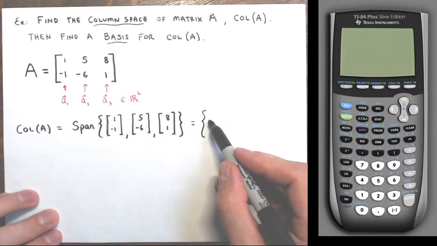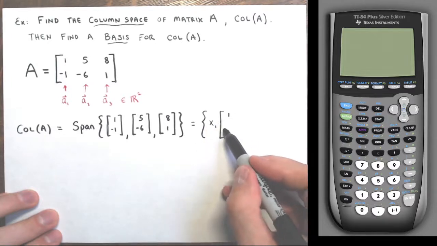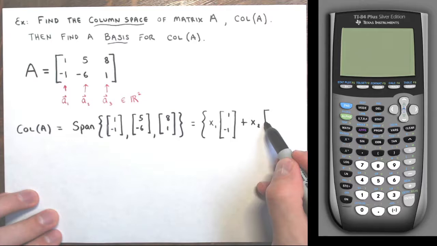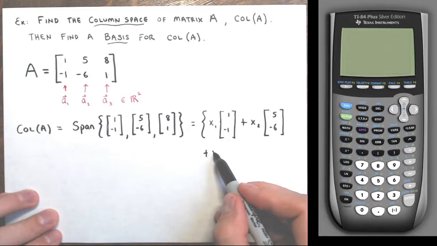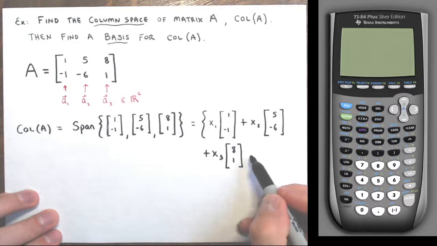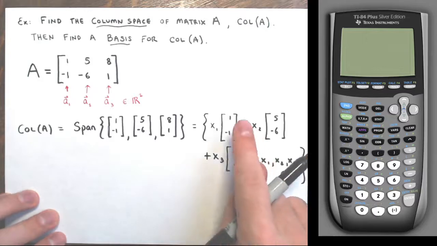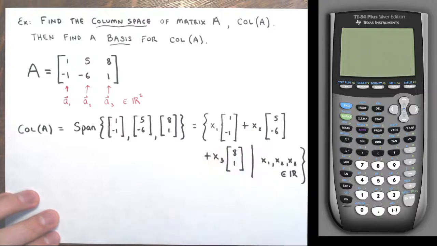So it's every single vector that looks like this: x1 times 1, -1, plus x2 times 5, -6, plus x3 times the vector 8, 1, such that x1, x2, and x3 are real. They are scalars, belonging to the real numbers. Sorry about the cutoff on the end of the page there, the wraparound here. Hopefully this makes sense.